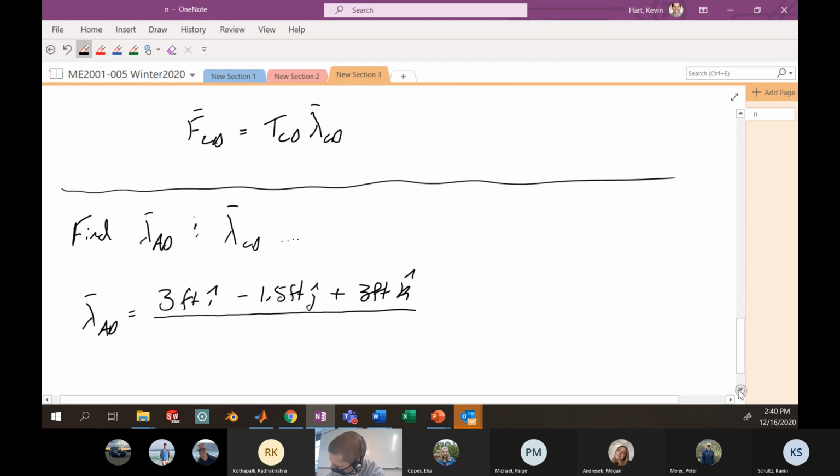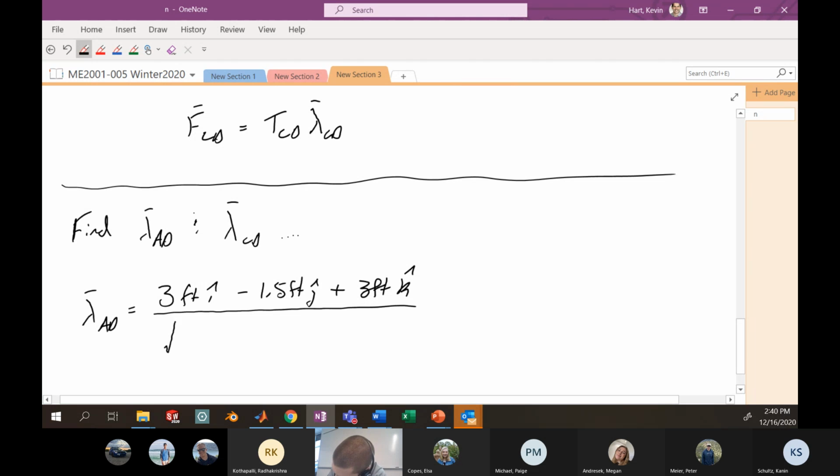I'm going to normalize this by the total distance of this distance vector, which is just 3 feet squared plus negative 1.5 feet squared plus 3 feet squared.